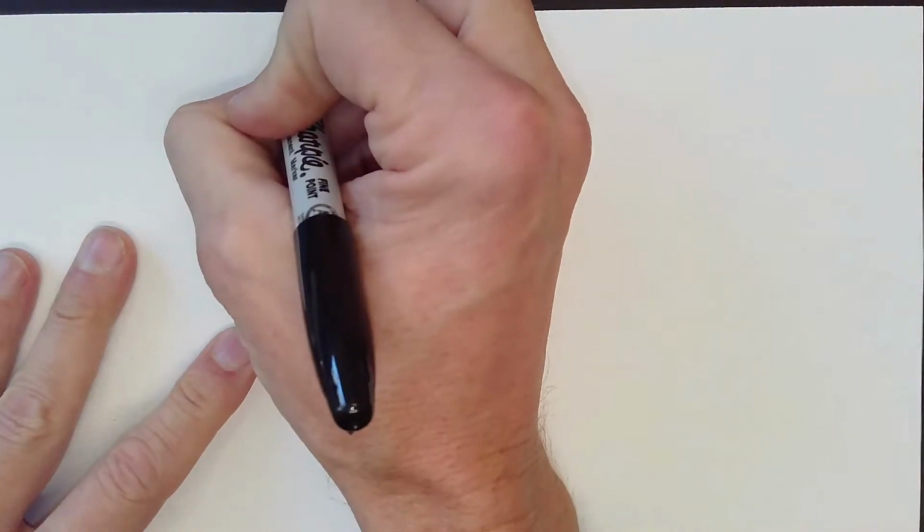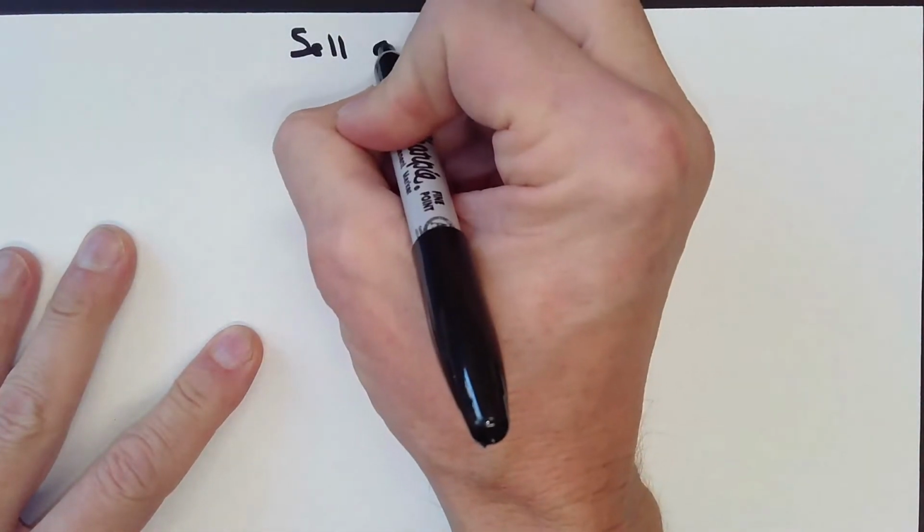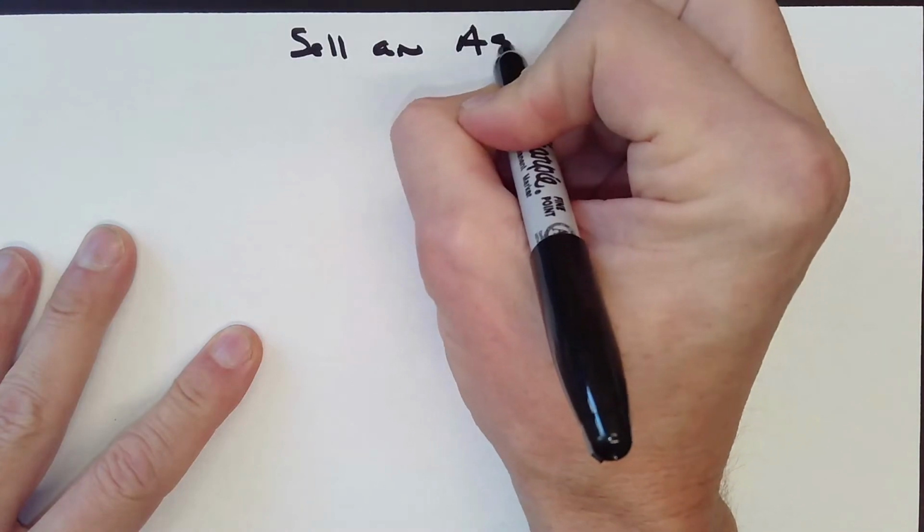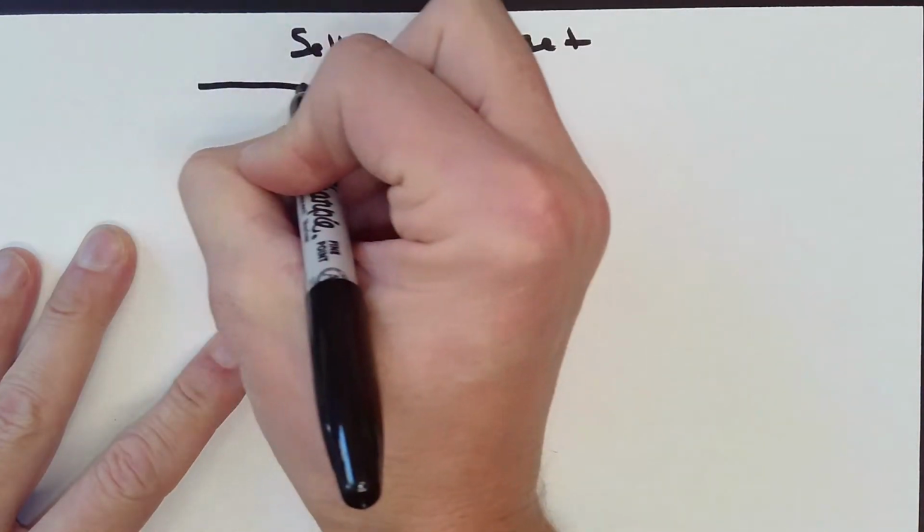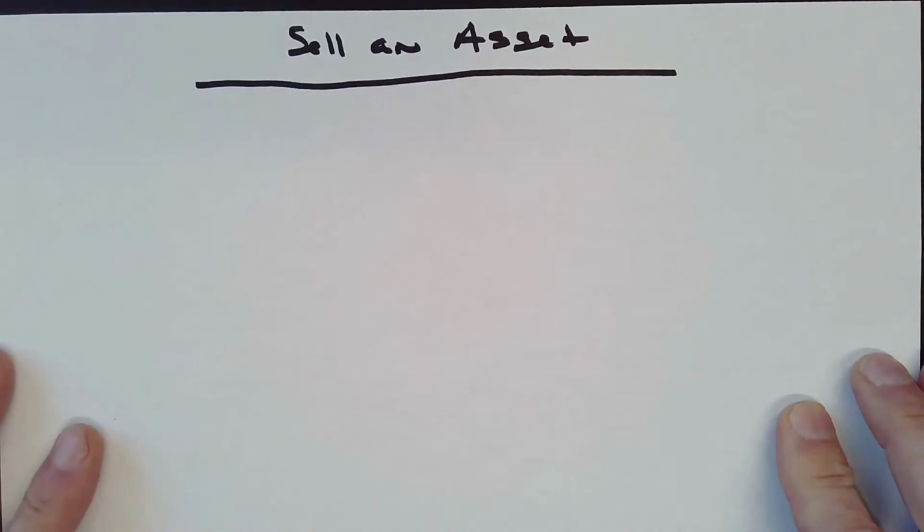So we're trying to figure out what happens when I sell an asset. Whenever I sell an asset, I'm looking at two things.